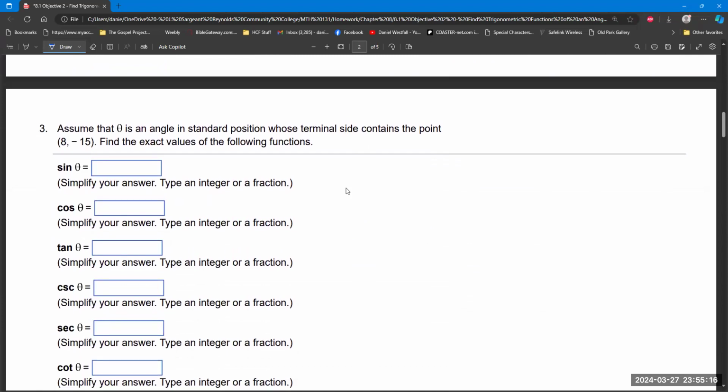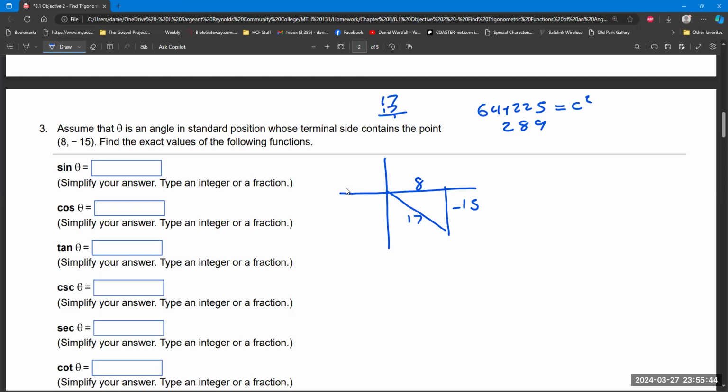Assume that theta is an angle in standard position whose terminal side consists of the point 8, negative 15, positive x, negative y. This should be a 17 here. Let's prove that. 64 plus 225 equals c squared, which is 289. 17 times 17 is 289.